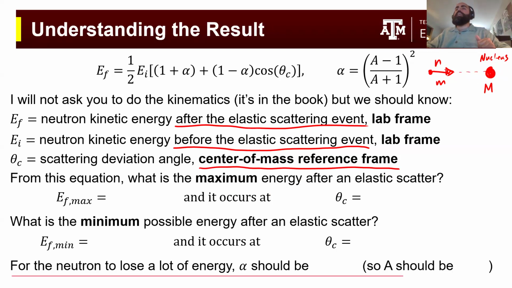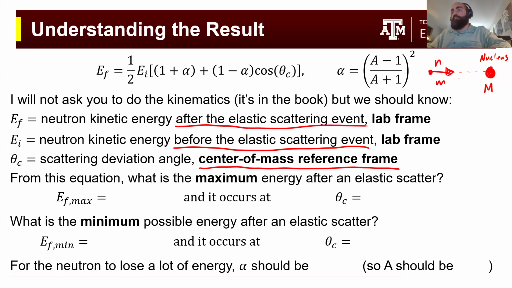It starts with energy EI, and by the way, the nucleus is at rest, so there's no way the neutron is gaining any energy from the nucleus. We're just thinking about, in the scattering event, what final angle is going to give the neutron the most energy after the scatter.